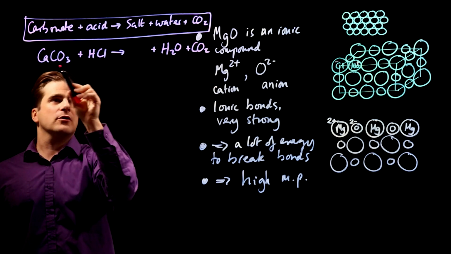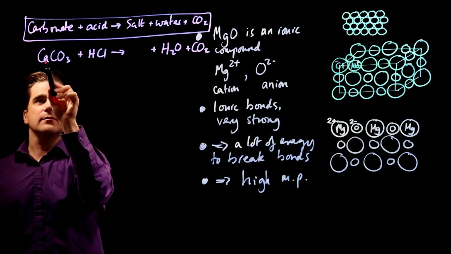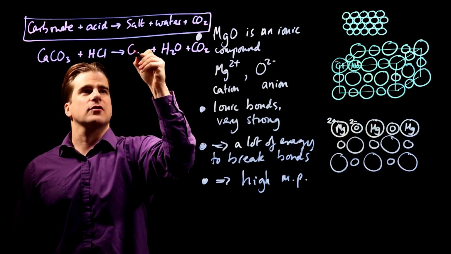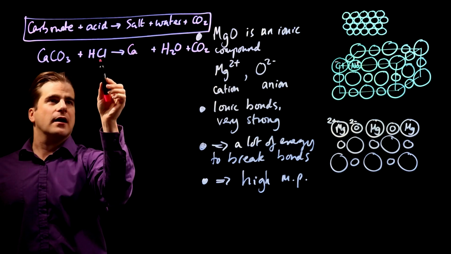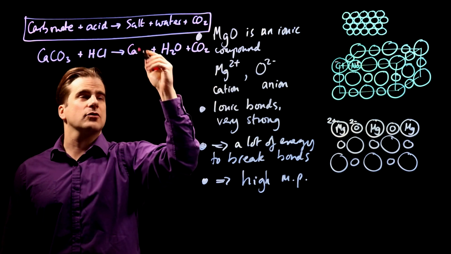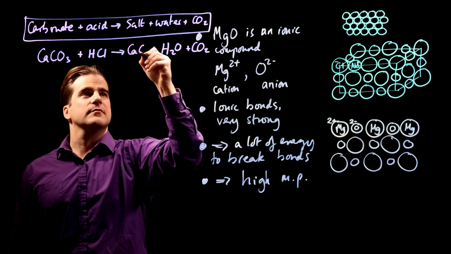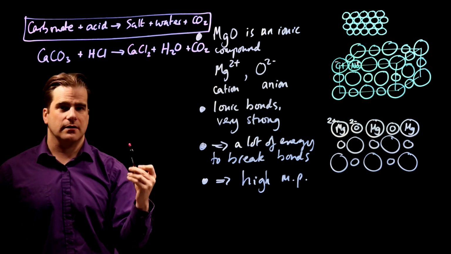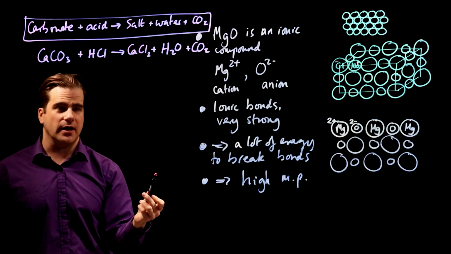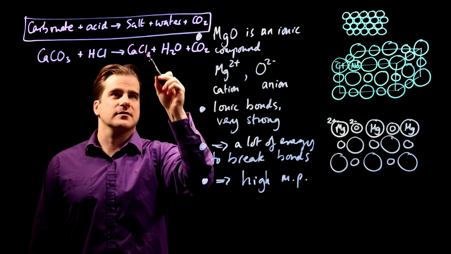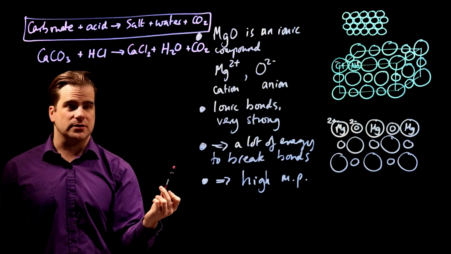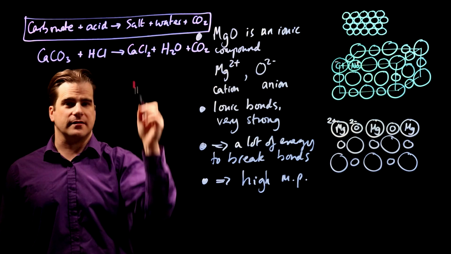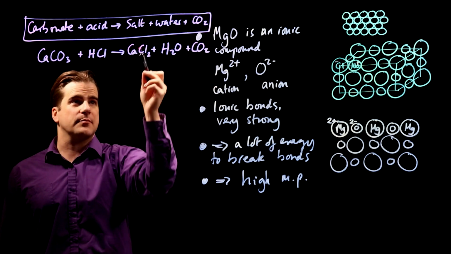Well, what have we not used up yet? We haven't used the calcium. That's got to be involved. And the chloride. So it's calcium chloride, CaCl2, because each chlorine is a chloride ion with a -1 charge on it. And there's 2 of them, and the calcium has a +2 charge, so that balances.